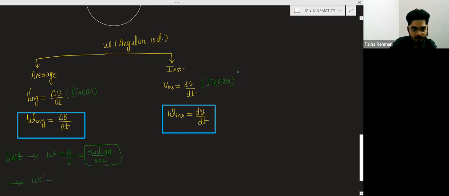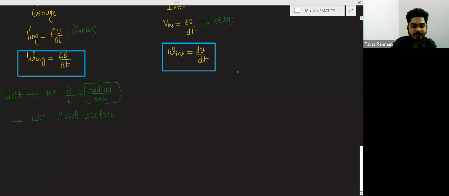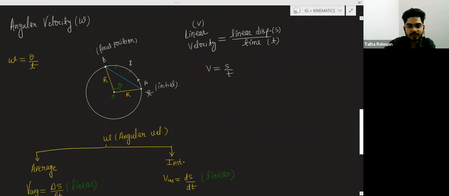The direction of omega is given by the right hand rule. Suppose this person is moving in this direction with angular velocity omega.